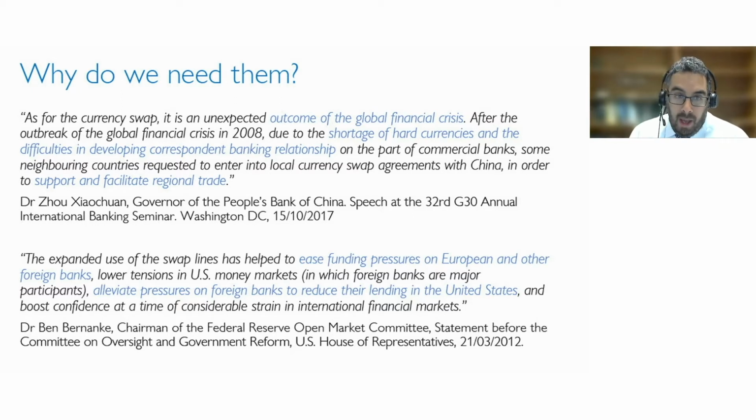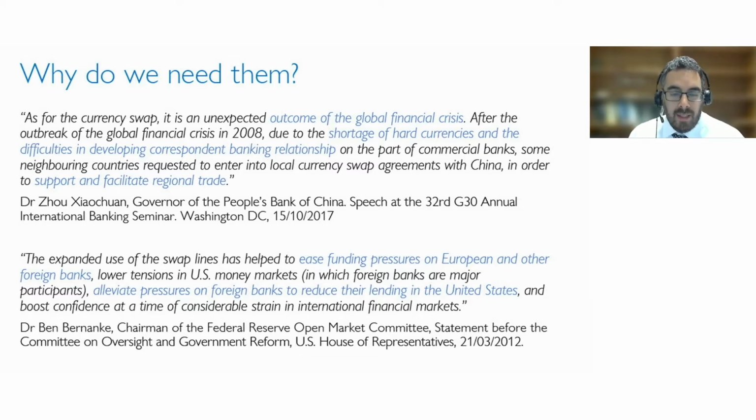So the PBOC swap lines motivation, if you read the quote, is about, in the financial crisis, money markets were disrupted. It was hard for banks offshore to obtain the currencies that they needed to fund trade. And so if we step in and provide our currency via a liquidity agreement, we can enable trade to take place. That was the motivation.